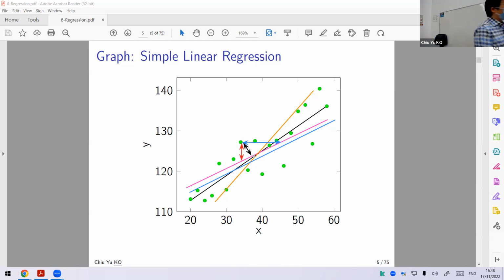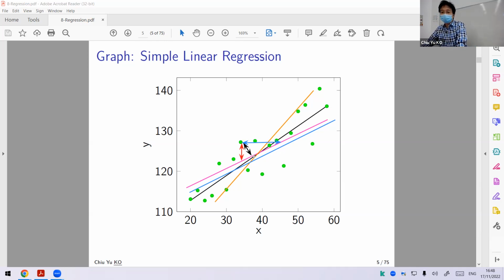Okay, so with red, black, and blue, you can naturally think that each would be a nice concept of distance between a line and a point, right? And probably you would wonder which one would be the best. In economics, in regression, usually the one we adopt, the classical one, is the red one.